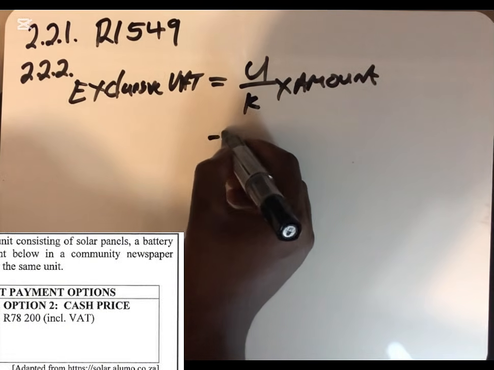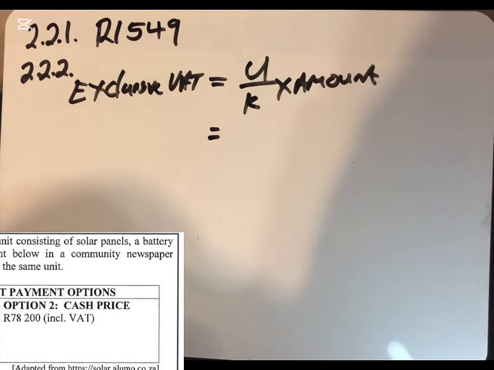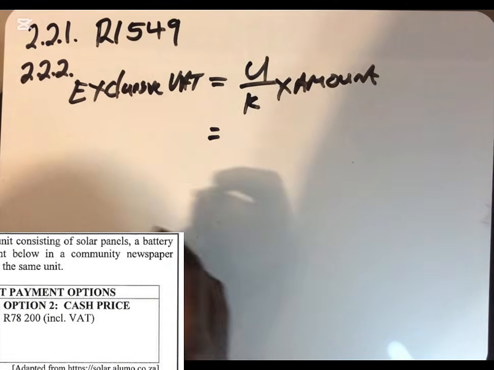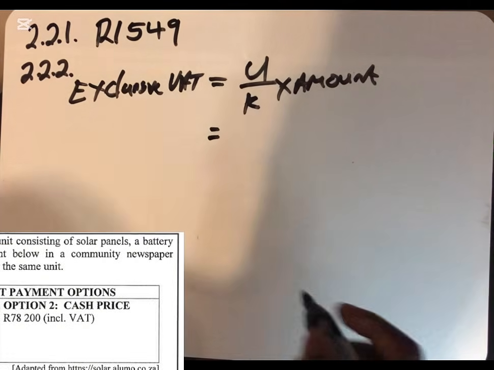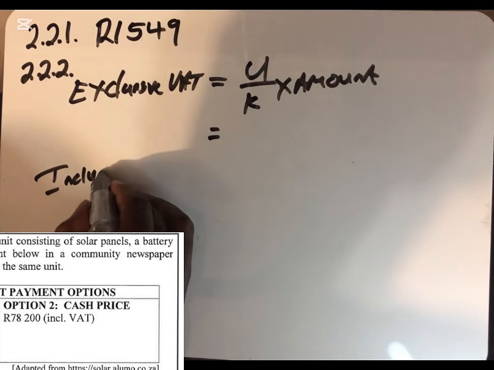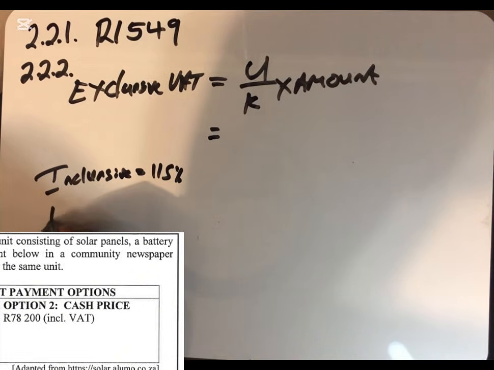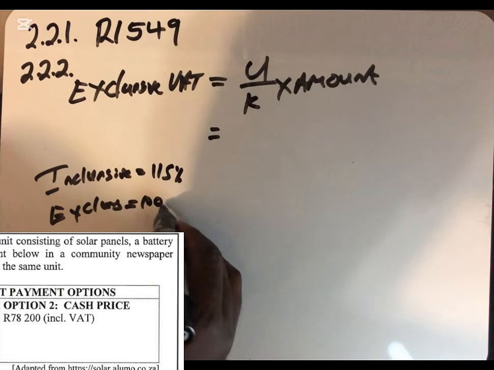U stands for unknown value, K stands for known value. You should not forget, when we are dealing with inclusive and exclusive, this is the percentage: inclusive is equal to 115%, exclusive is equal to 100%.